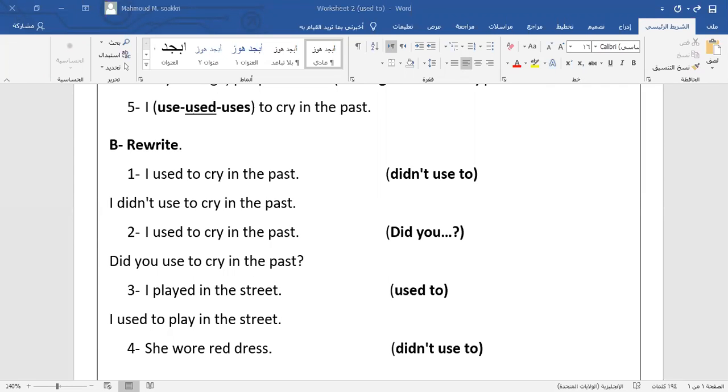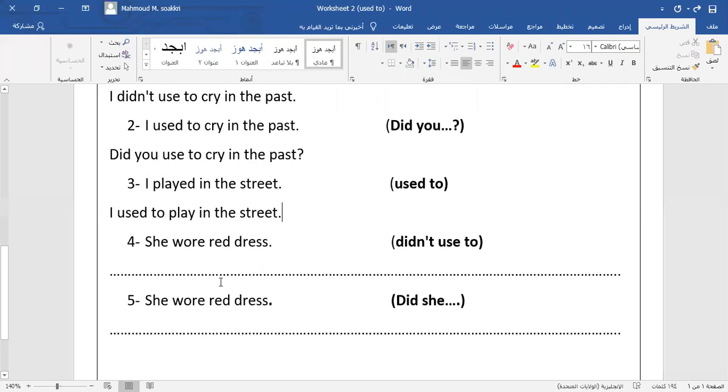Qusay. Number 4. Let me help you with the verb 1. Wore is verb 2. Where is verb 1?